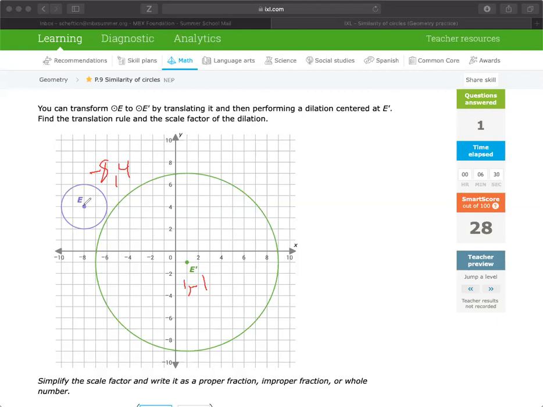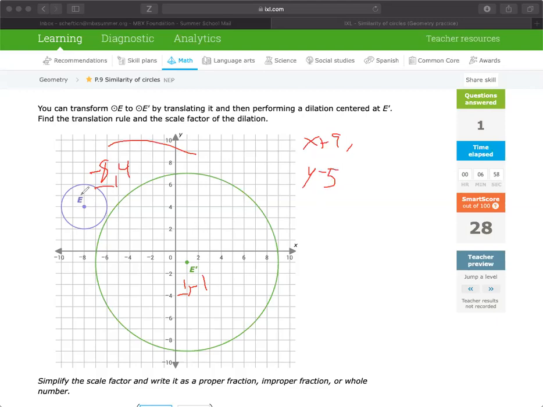So I'm going over, so just look at my x's. I'm going to +1 from -8, so the distance between that is going to be 9. So it's going to be x plus 9. And then my y is going to be from +4 to -1. So that distance is going to be -5, because I'm going downward, right?